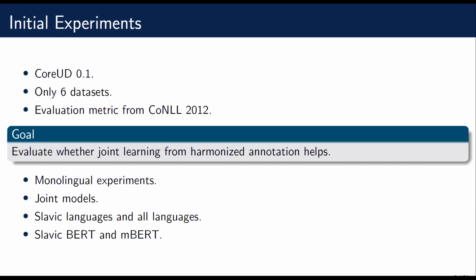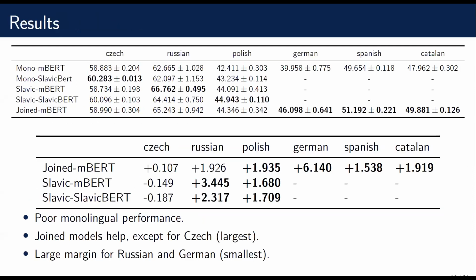We also show some monolingual experiments, and we also focus only on the Slavic family of languages to see whether joining together only one language family is better than mixing all the languages together. We use Slavic BERT and BERT as encoders. And here are the results.